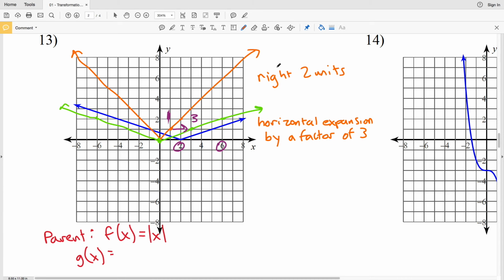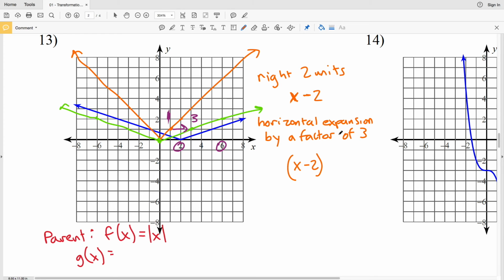So now we need to figure out what our two transformations mean in terms of the function and the variable. So moving 2 units to the right, we're going to be subtracting 2 units from our variable. So we're going to have x minus 2 now, and a horizontal expansion of a factor of 3. If it's horizontal, it's going to happen to the variable, but we've already translated the variable, so x minus 2.